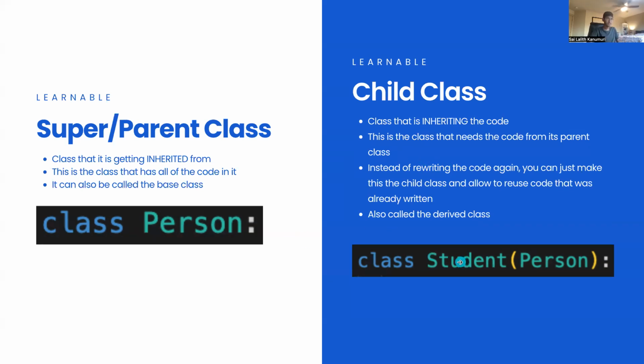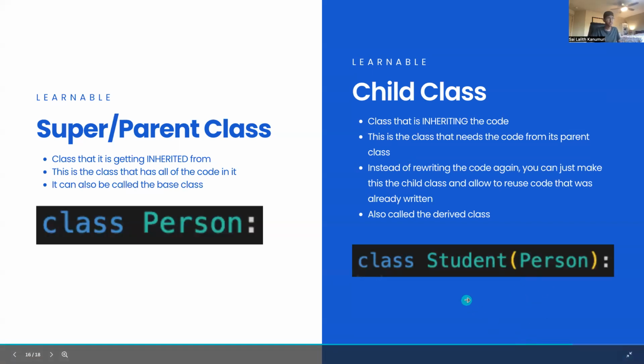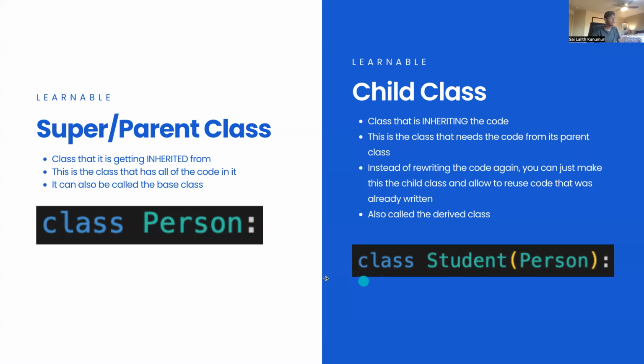So if you do class student with person in parentheses, this is called an is-a relationship. A student is a person, right? It cannot be flipped. If you have the parent class as student and the child class as person, that doesn't work, because a person is not necessarily a student. There are many other types of people.